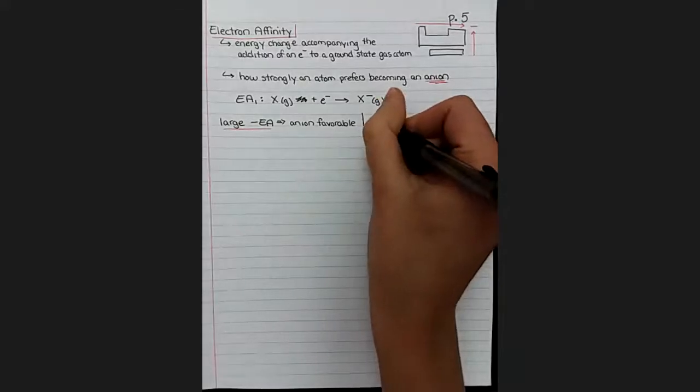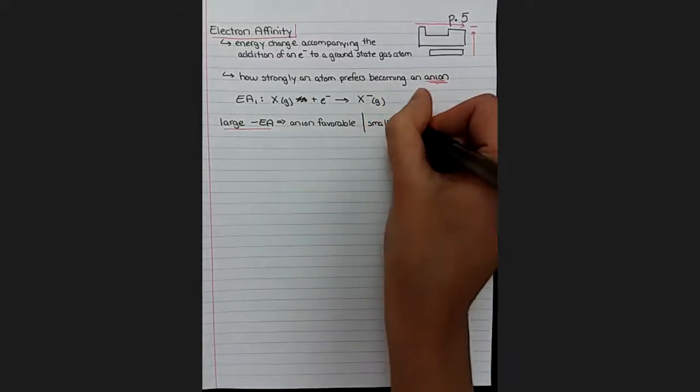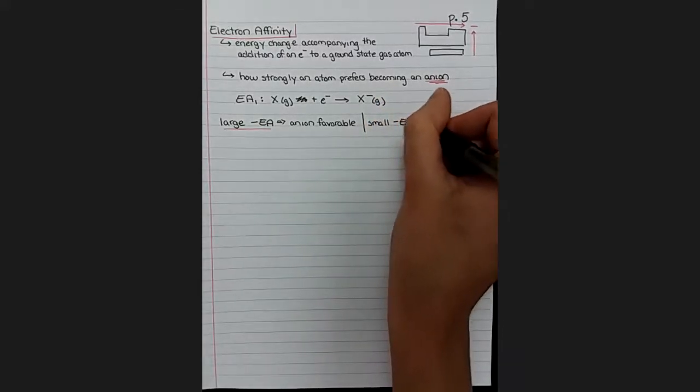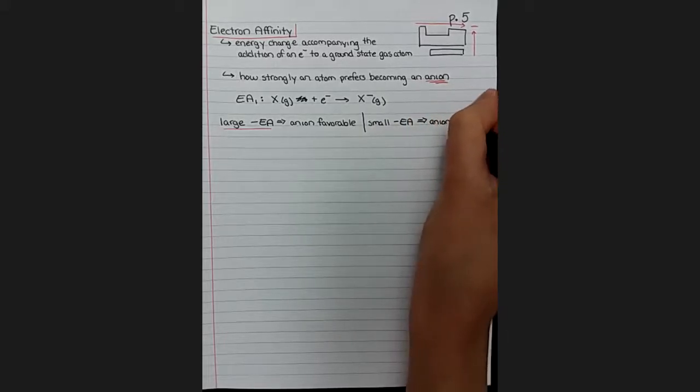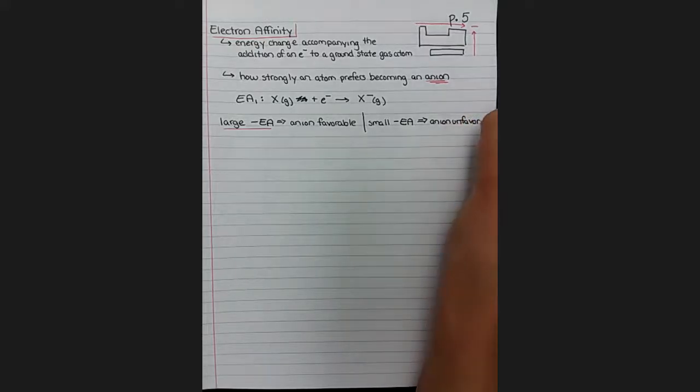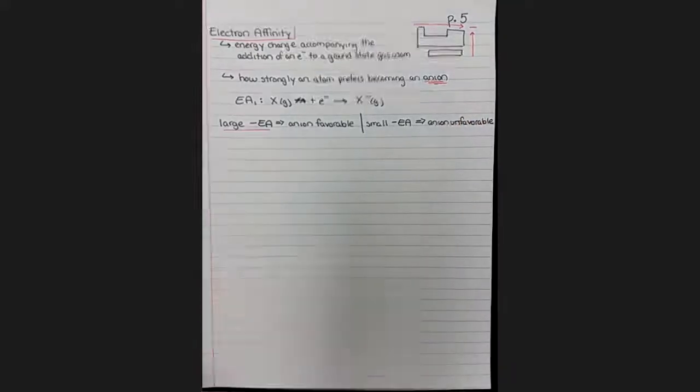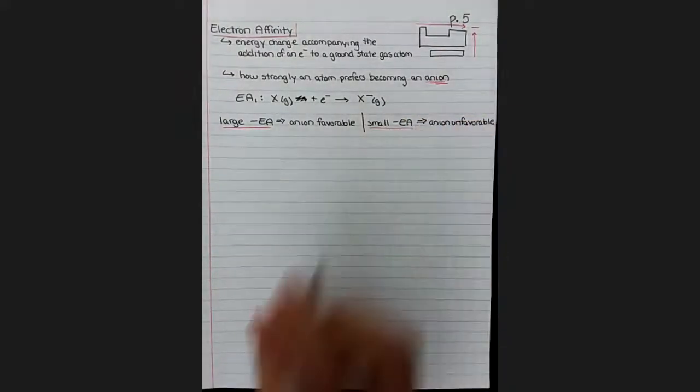If your value is a small negative or positive electron affinity, that means an anion is unfavorable. Particularly if you get a number that's positive, this is really, really unfavorable, really does not want to take on another electron. It has enough.